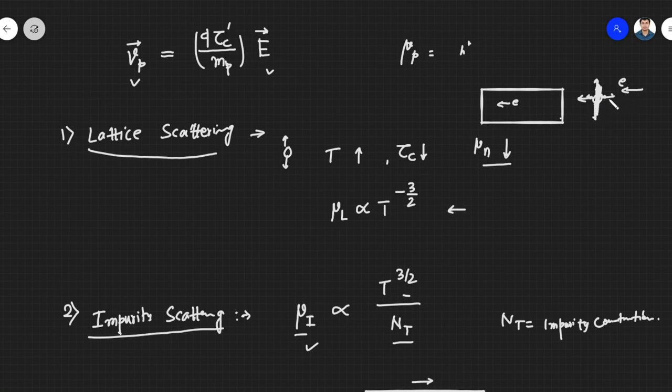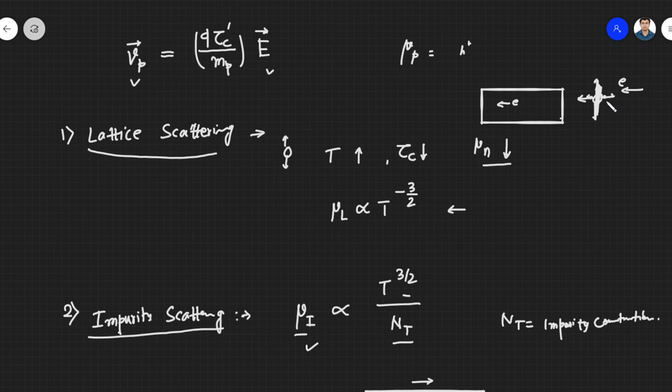Don't consider charge now. When we consider impurity scattering, that time only we talk about the charge concept, I mean deflection because of the charge. But here it's collision because of different atoms. Is it clear?